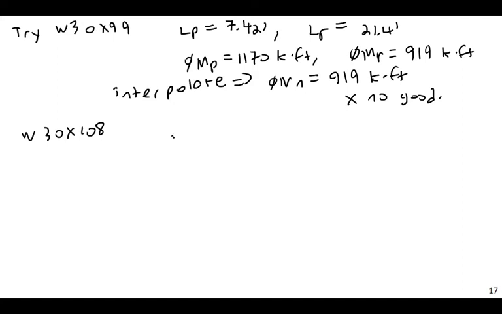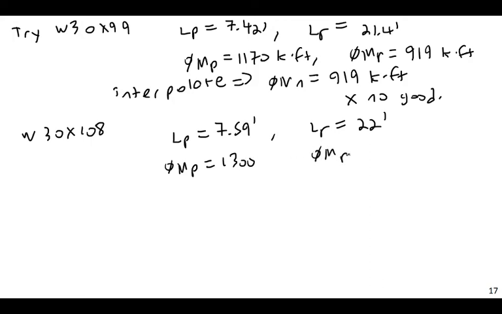Here, LP is going to be equal to 7.59 feet. LR is going to be equal to 22 feet. And phi MP is equal to 1,300. And phi MR is equal to 785 kip feet.